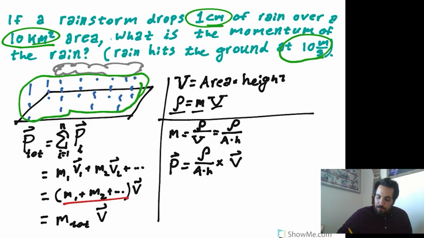A couple of notes here: density in base SI units for water is 1,000 kilograms per meter cubed. That is the density that we're using here. You will need to convert all of your distances from centimeters to 0.01 meters, and kilometers to meters as well. 1,000 meters is a kilometer. And when you do all of that, you would find a momentum.